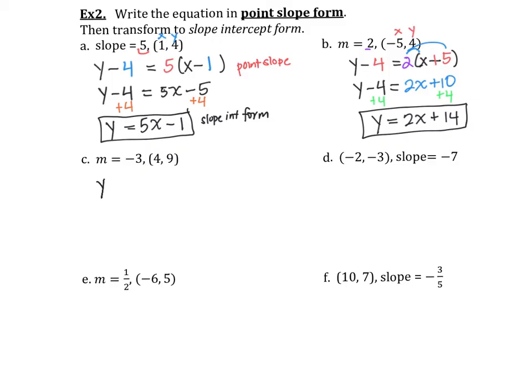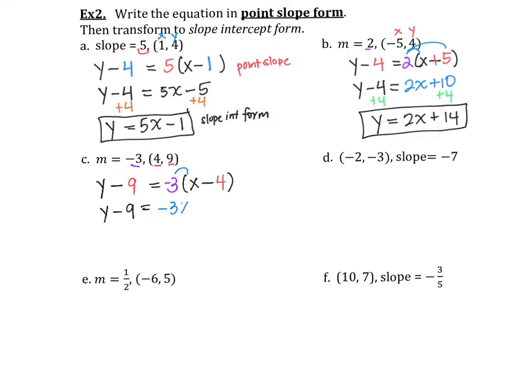M equals negative 3 with the point 4, 9. I'm going to distribute, but be careful, it's a negative 3.